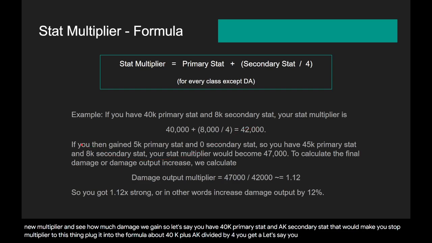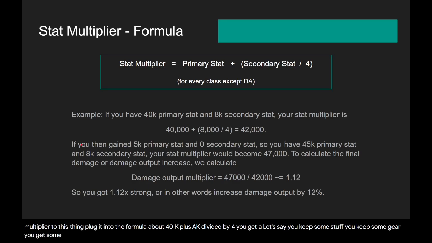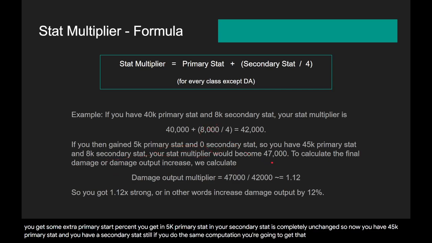Let's say you cube some stuff, you keep some gear, you get some extra primary stat percent, you gain 5k primary stat, and your secondary stat is completely unchanged. So now you have 45k primary stat and you have 8k secondary stat still. If you do the same computation, you're going to get that your stat multiplier is 47k.